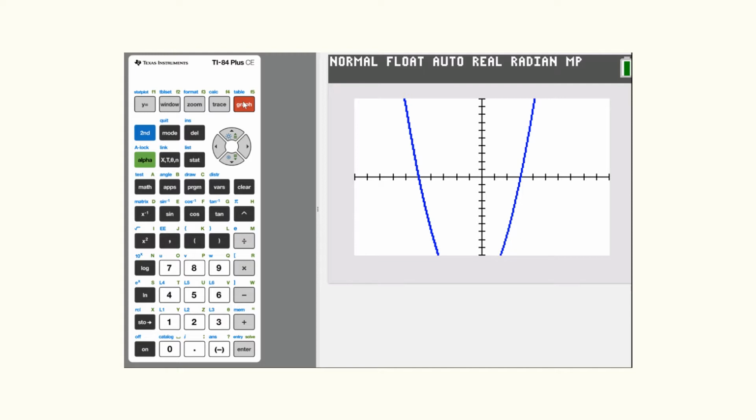Okay, so I got a parabola. Obviously, the minimum value is down here off of the screen. I could change my window setting if I wanted to see it, but that's not what I'm looking for. I'm looking for these points right here where the graph is crossing the x-axis. These are the roots. These are the zeros of that quadratic equation.